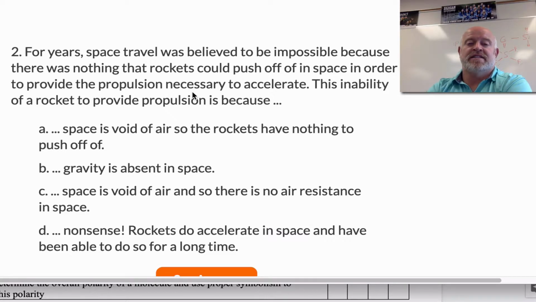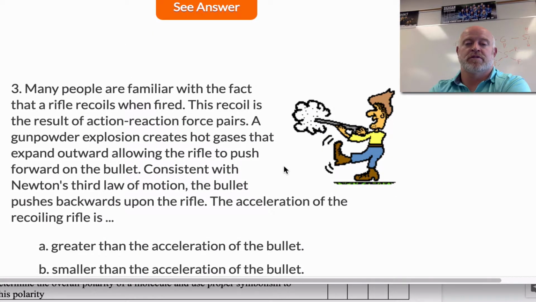Well, as that gas gets expelled out the back, the rocket then has to be pushed forwards. So you don't need wind or air or something to fly through. When you get into outer space, the idea that you are propelling gases out your tailpipe basically means you get pushed forward. Action-reaction pairs.